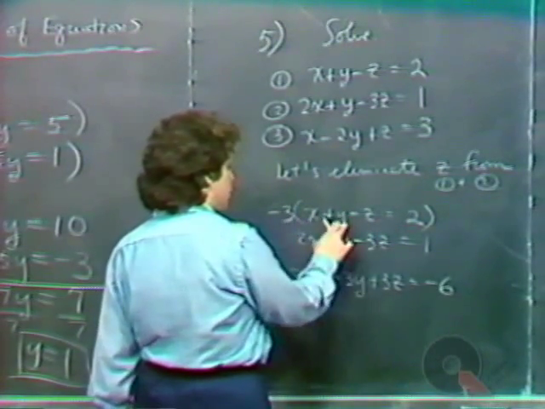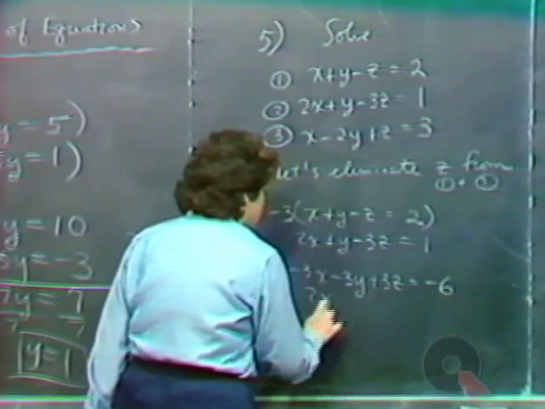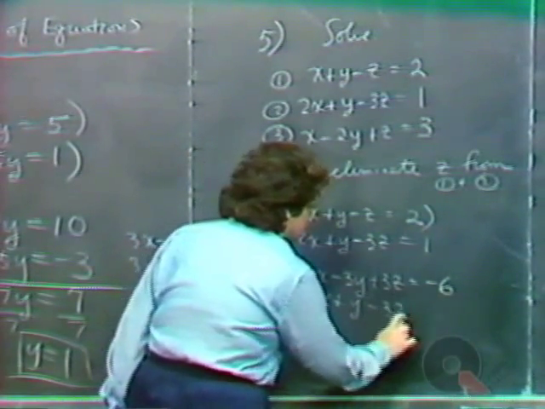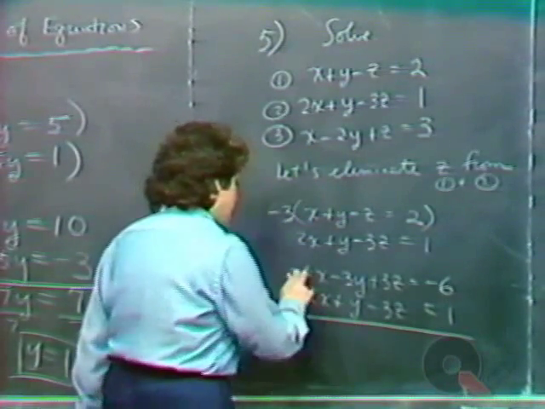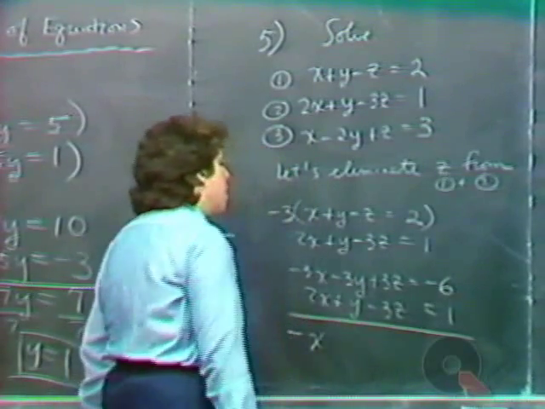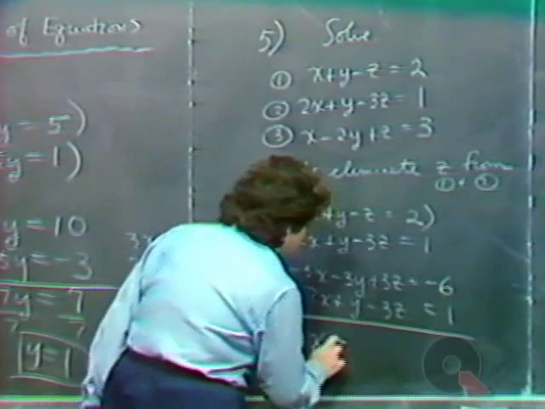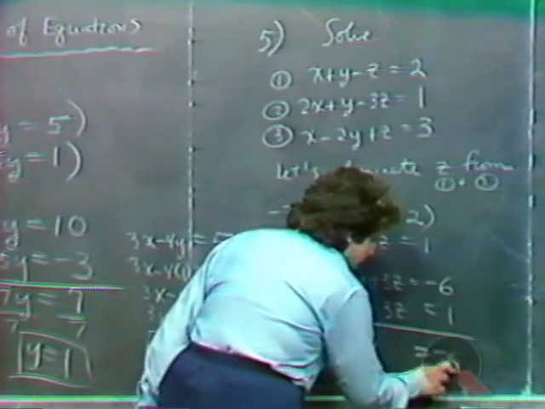And then underneath, 2x plus y minus 3z is 1. Adding the equations, we now get minus 3x plus 2x, minus x, minus 3y plus y, minus 2y, the z's drop out, equals minus 5.